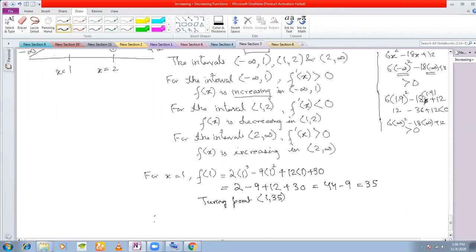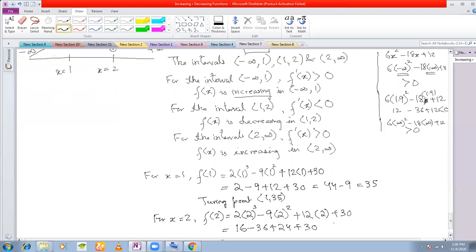And what is the next turning point? For x is equal to 2, f(2) is equal to 2 into x cube minus 9 into x square plus 12 into x plus 30. How much are we getting? 16 minus 36 plus 24 plus 30.